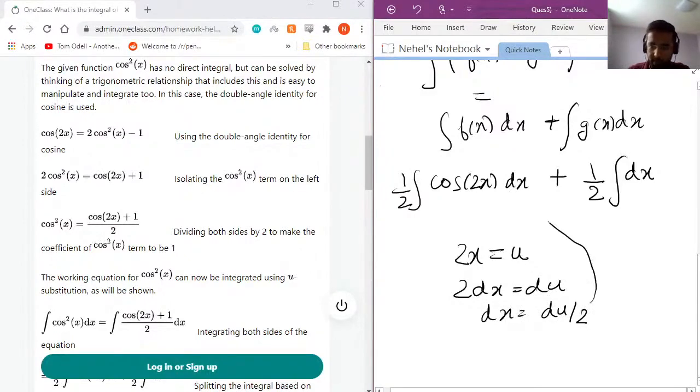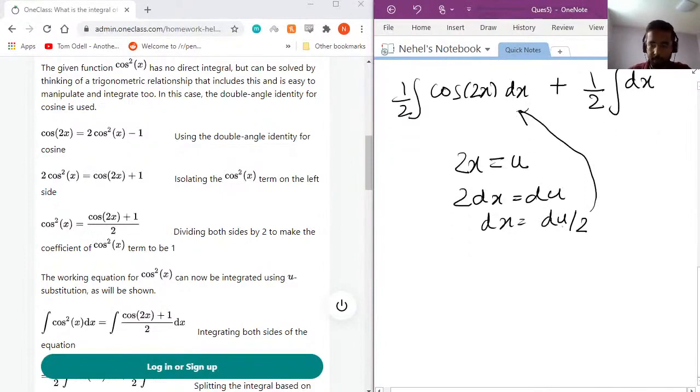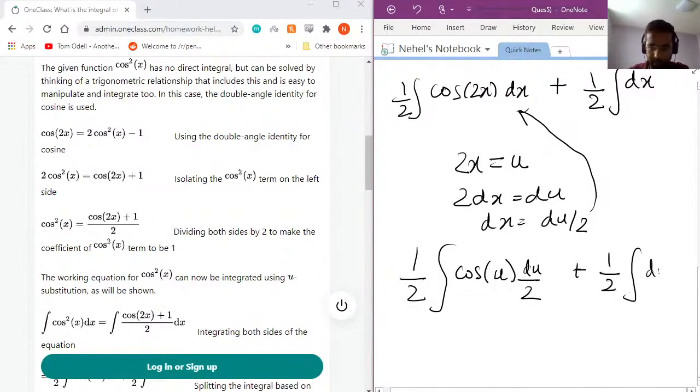We can use these to substitute in the expression here. So if I do the substitution, I will get 1 over 2 outside, integral of cos of 2x, which now becomes u, and dx, which now becomes du divided by 2, and then plus 1 over 2 integral of dx.